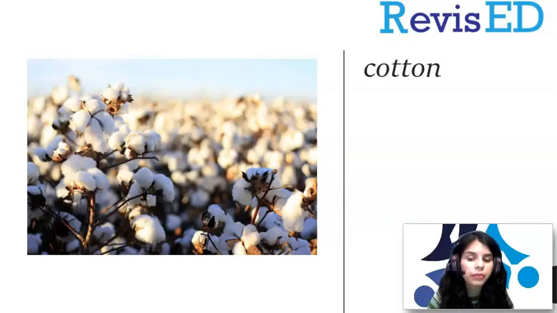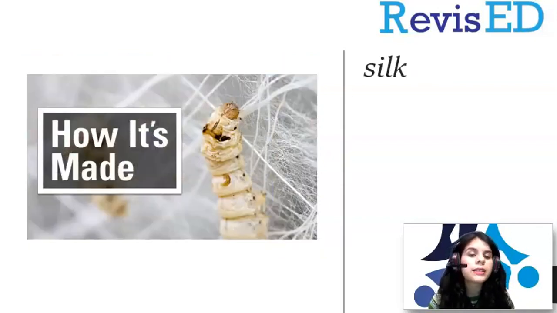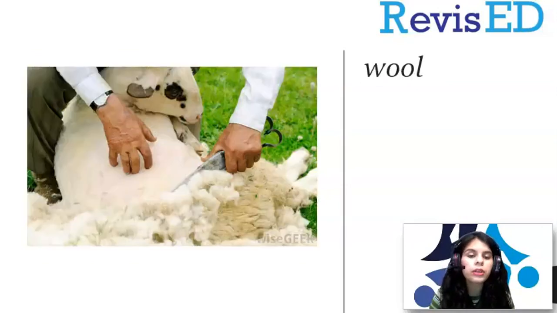You get silk from the silkworm, and you get wool from goat, yak, camels, and also the hair of rabbits, right? So these are the natural fibers we get from plants and animals.